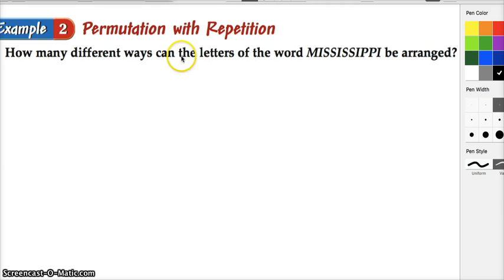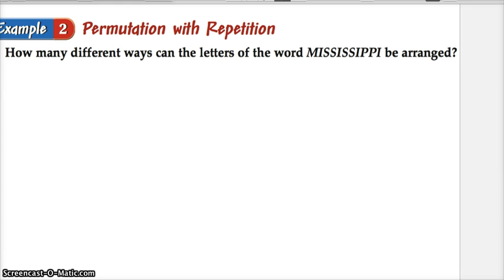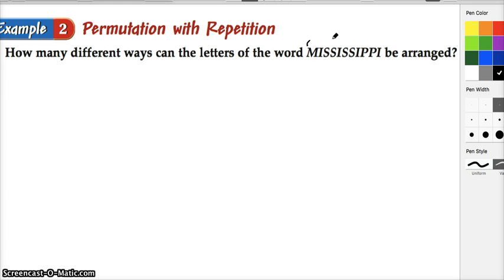So in this example, we're going to apply that. How many different ways can the letters of the word Mississippi be arranged? The first thing we need to do is figure out how many letters we're dealing with, and in general we have 11 letters in this word, so that's 11 factorial, and we're going to divide out by the factorial of how many copies there are.